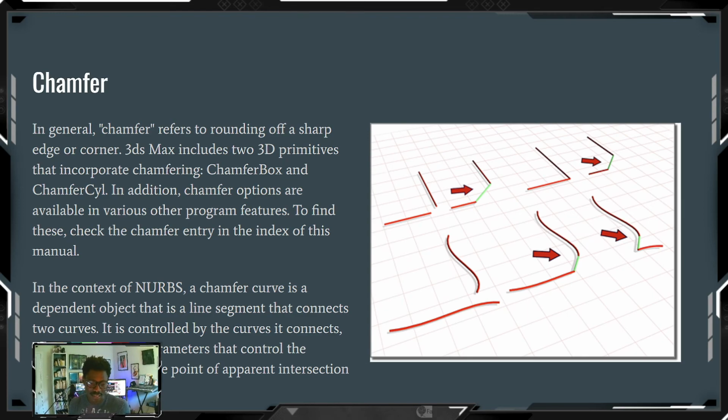In the context of NURBS, however, the chamfer curve is a dependent object that is a line segment that connects two curves. It is controlled by the curves it connects, and by two length parameters that control the distance back from the point of apparent intersection of the parent curves.